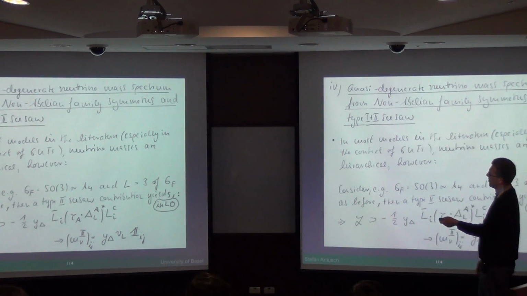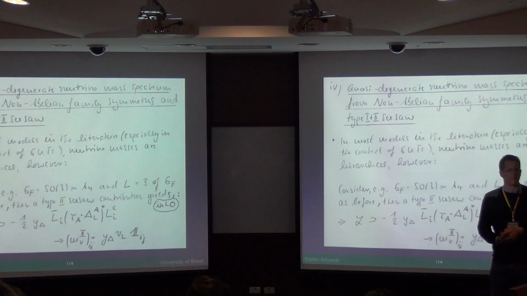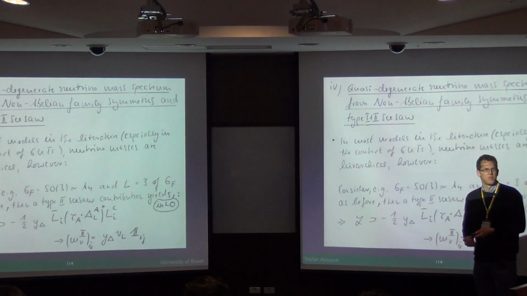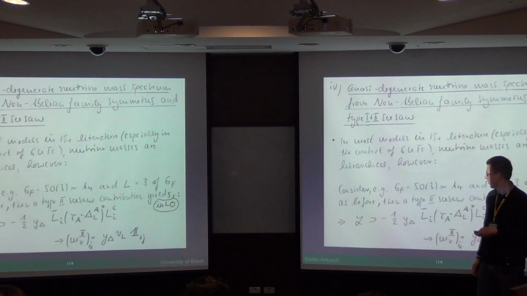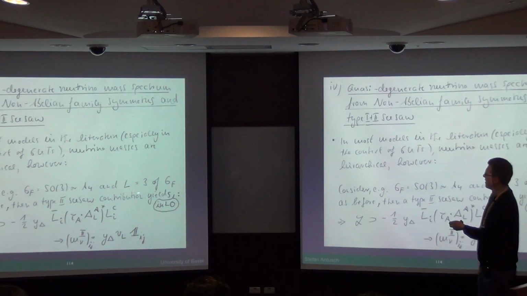It is the following. When you again take the left-handed doublets in triplet representations of some family symmetry group, like you just did with A4, or you can also take the SO(3) group, then you can get a type 2 seesaw contribution in leading order, which looks like this here. Right?